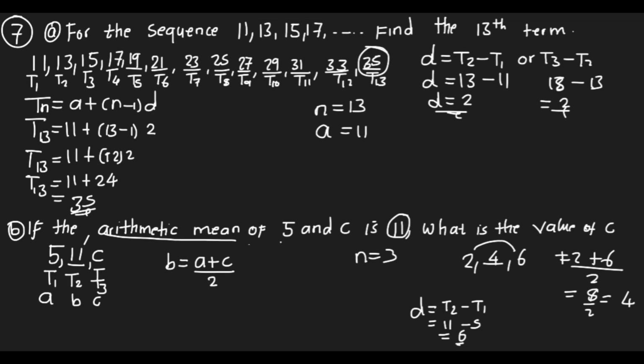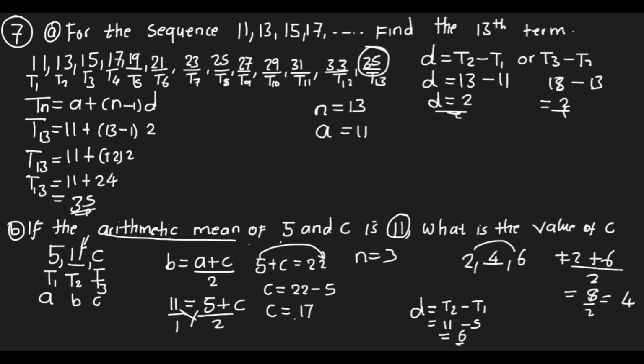B is the middle number, it is 11. Then A is our first term, 5, plus C over 2. Over 1, we cross multiply. So 1 times 5 plus C is still 5 plus C. 2 times 11, we get 22. So if we move 5 to this side, we get C is equal to 22 minus 5, which is C is equal to 17.